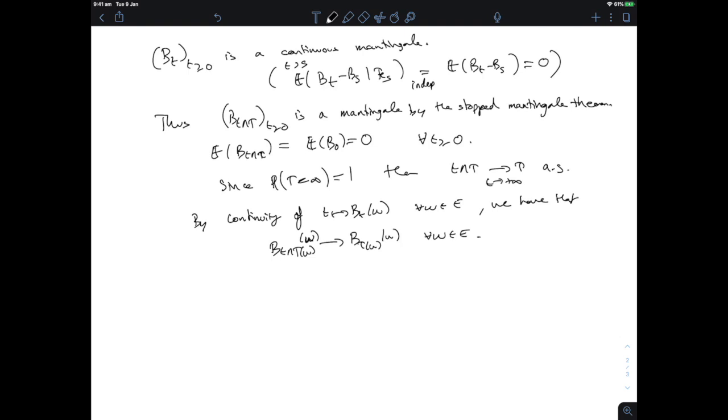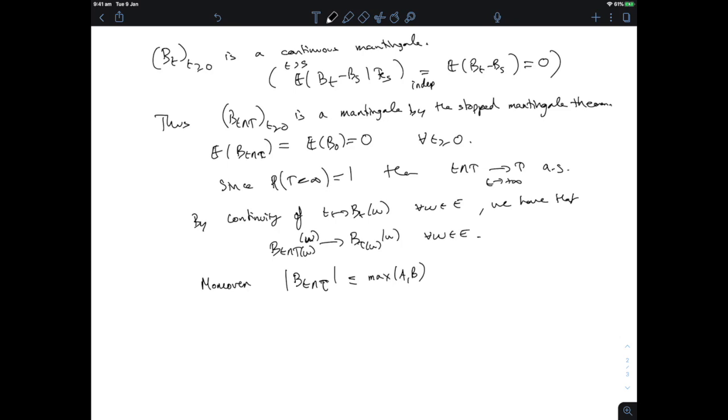So we have almost sure convergence of B at t minimum tau to B of tau. Do we have convergence of the expectation? Well, that requires some argument like dominated convergence or uniform integrability, which we do have here, because as in the discrete time setting we have a domination. If I'm at a time that is before the exit time, it really means that I am smaller than the maximum in absolute value of a and b.